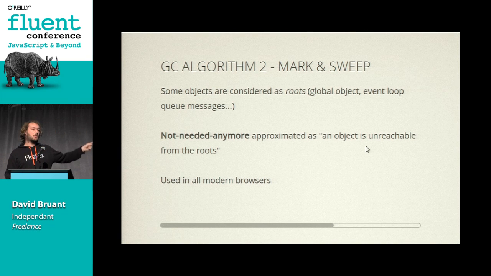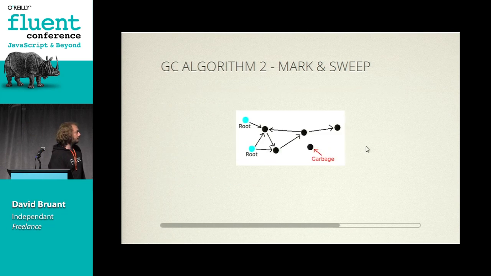And this algorithm is the one that is used in all modern browsers, as far as I know. And all the work done in garbage collection research in browsers, as far as I know, is optimization of this algorithm, but not new algorithms.